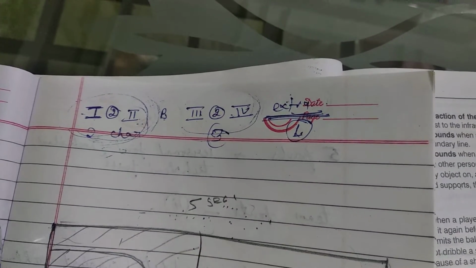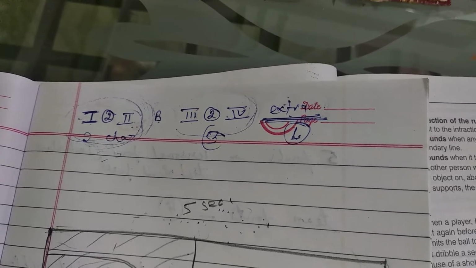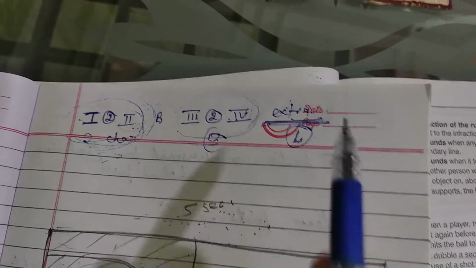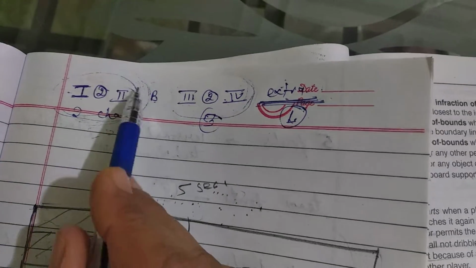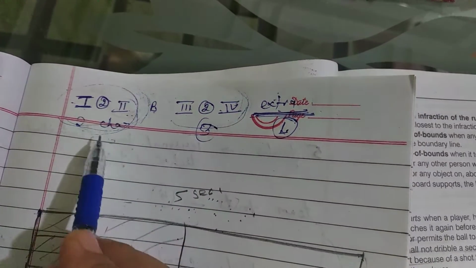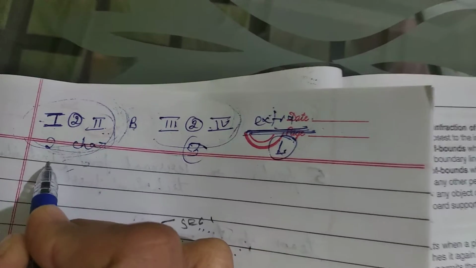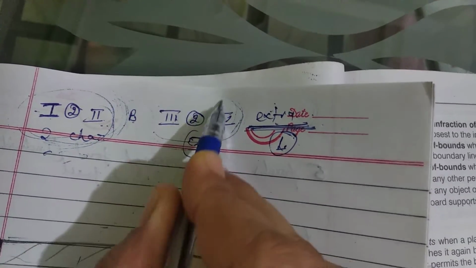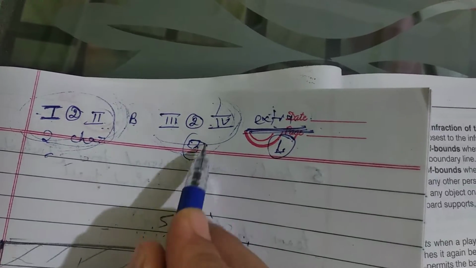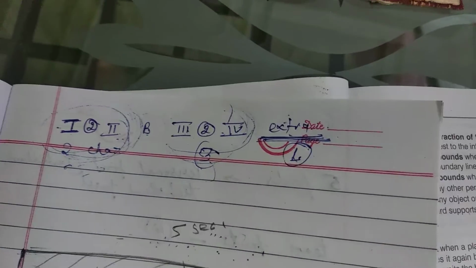St. Thomas scores 20 and then St. Mary's scores also 20. Then you have to take extra 5 minutes. In first half, you can take only 2 charged timeouts, and in second half you can take only 3 timeouts. Is that clear, children?